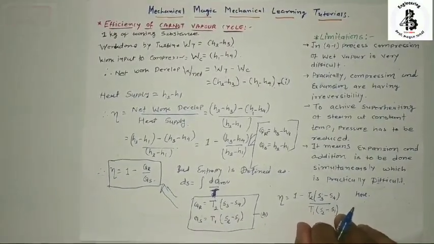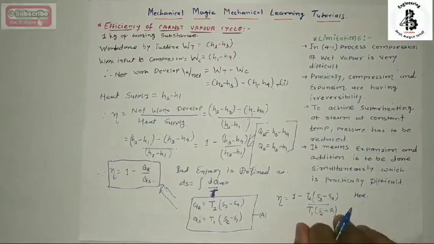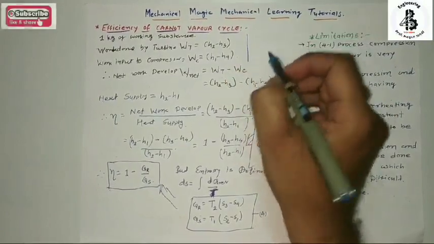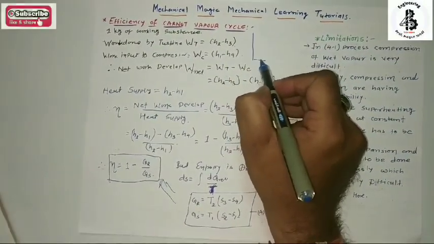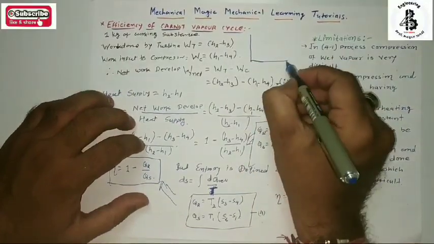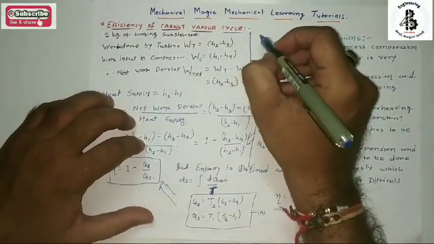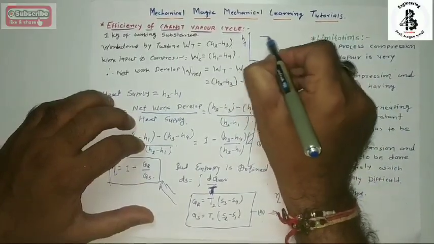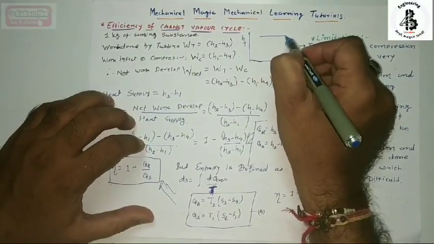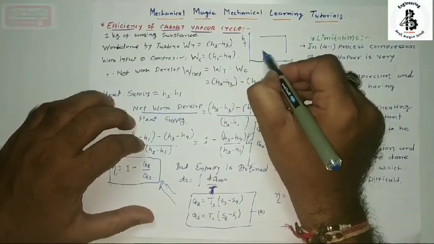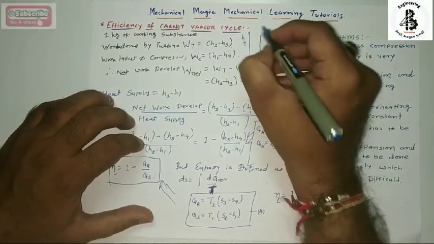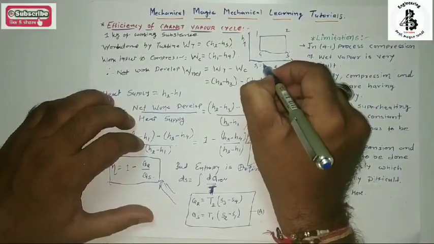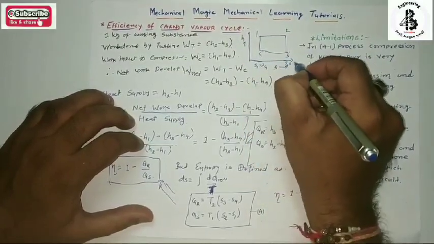So we will see the HS diagram of this previous diagram. Now I want to draw the HS diagram. So here H, S, and points 1, 2, 3, 4. So S1 equal to S4 and S2 equal to S3.